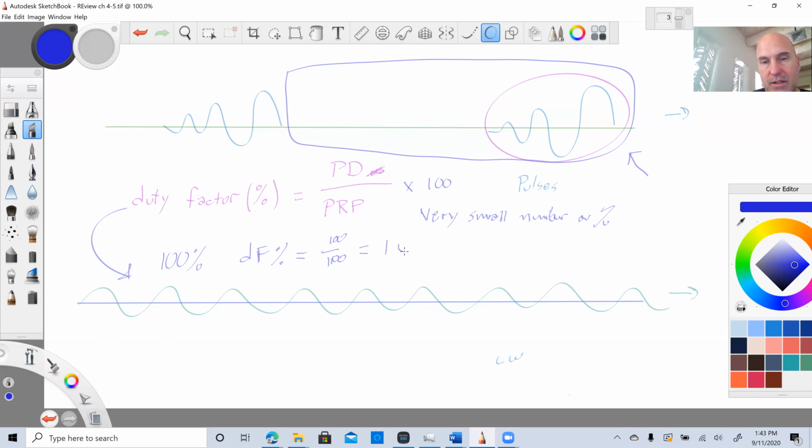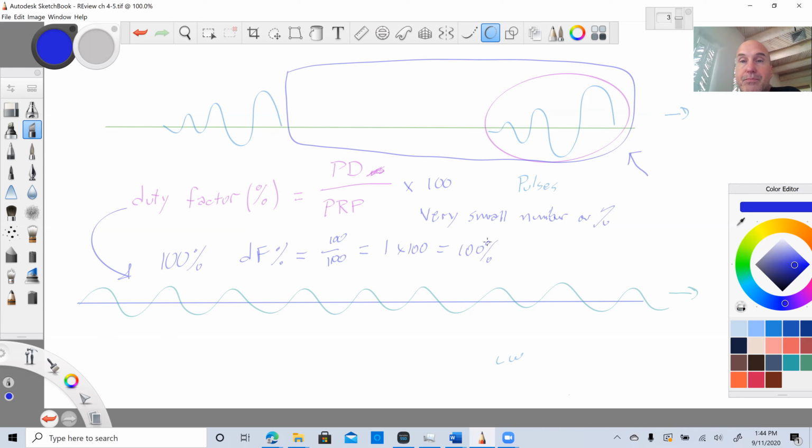It ends up to be 1 times 100 equals 100%. So whether you think of it as 1/1 or 100% of the time over 100% of the time, divided by each other comes to 1, multiplied by 100 equals 100%. So duty factor for continuous wave is 100%.